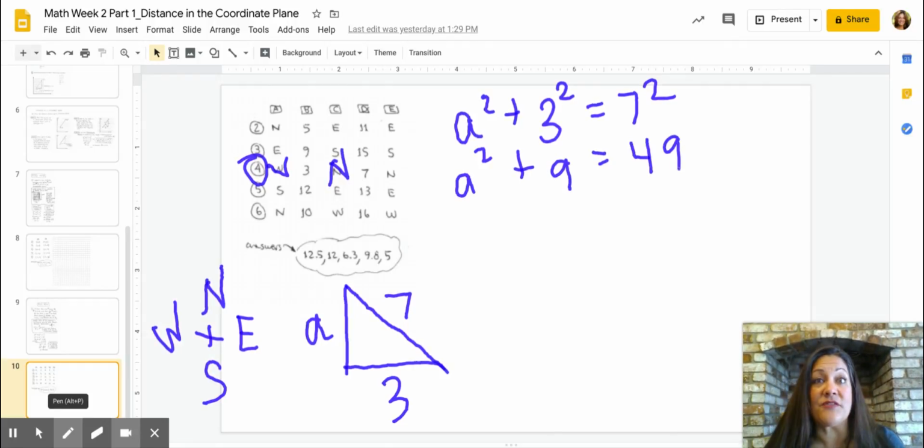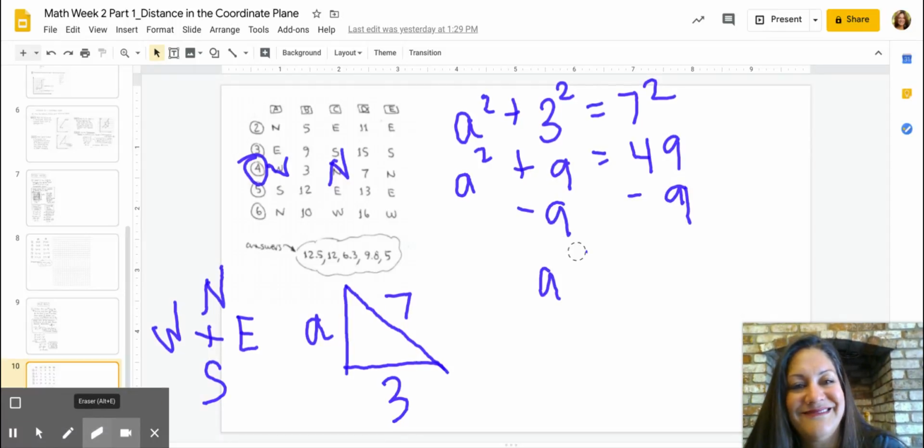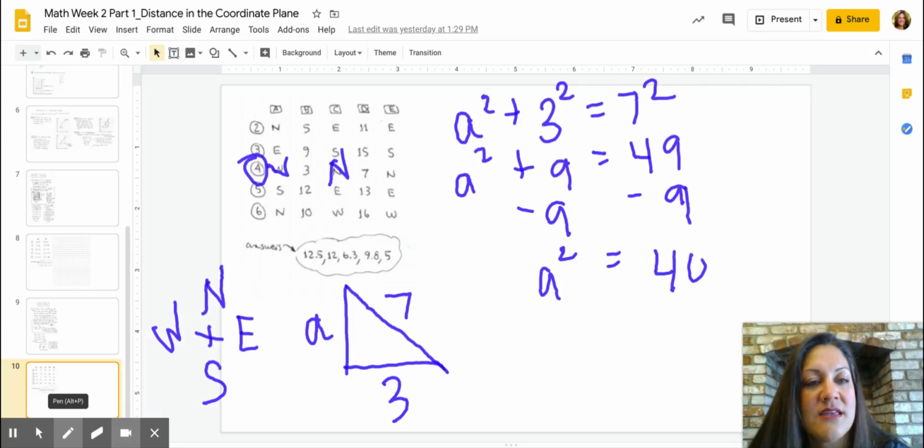Now I need to solve for A, just as if I was solving for B. Those two are interchangeable. Minus 9 on each side. Oh, now I'm just scribbling. All right, because that's my A. A squared equals 40. Find the square root of each.